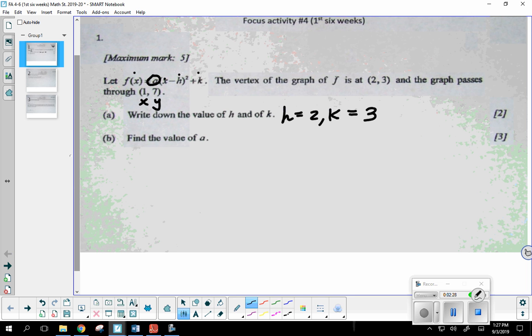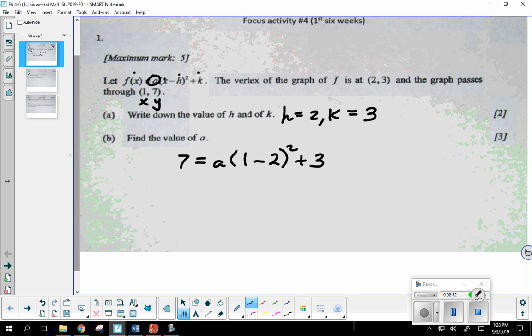So instead of f of x equals, I'm going to say y equals 7 equals. We don't know what a is. So I want x minus h, so 1 minus 2 squared. And then we have plus k, so that would be plus 3. 1 minus 2 squared is 1.